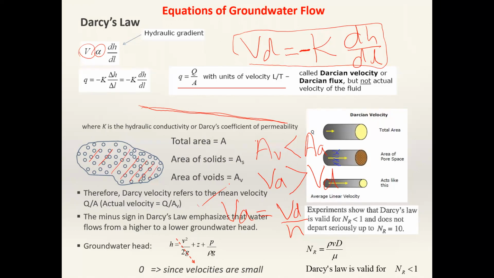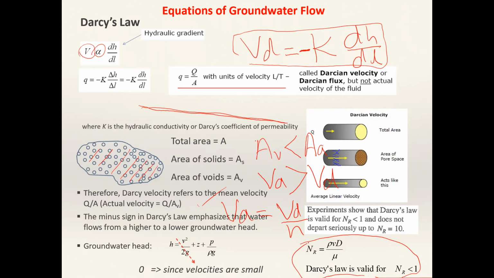In other words, we use the Reynolds number. So the Darcy velocity also depends on the Reynolds number, and Darcy's law can be applied only if the Reynolds number is less than 1. That is how it is applicable.